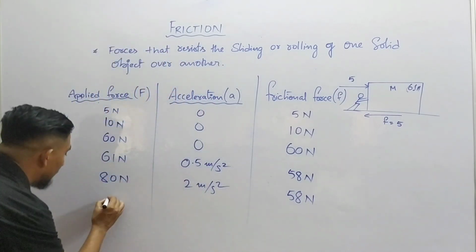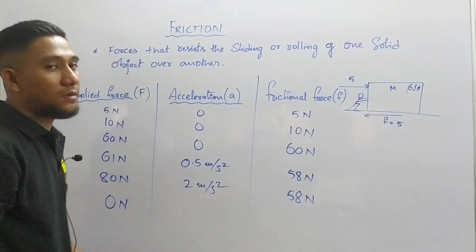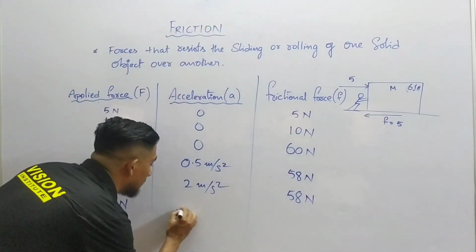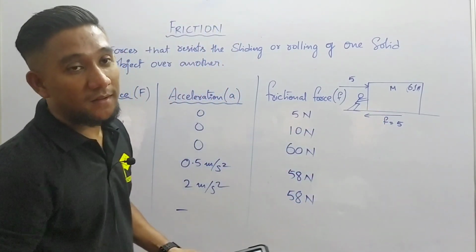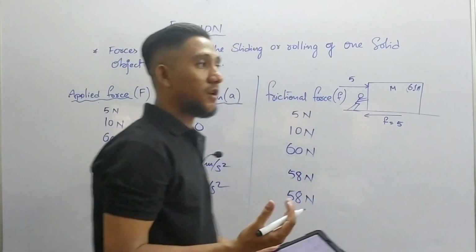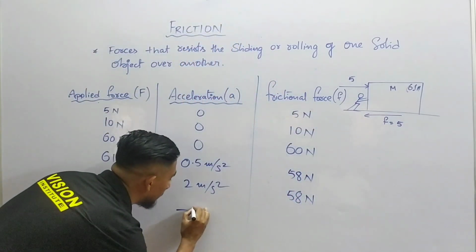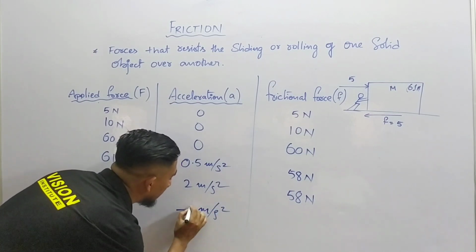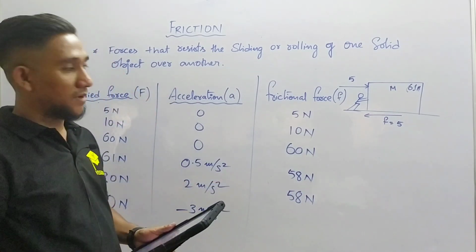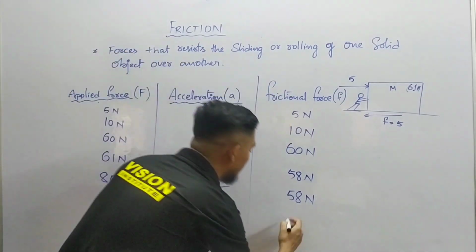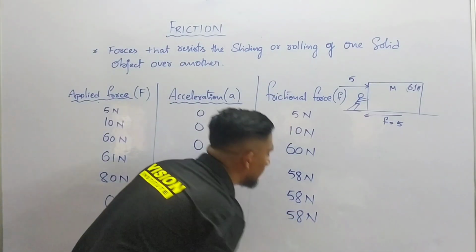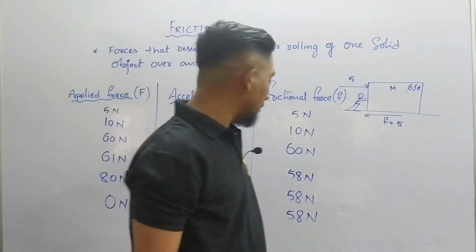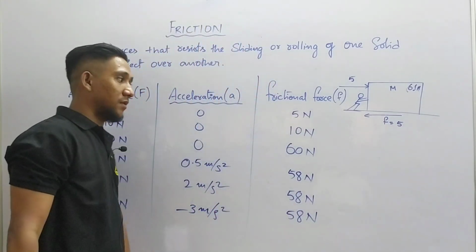And now when this person stops applying force on this block, the block has now started to slow down, and therefore we would see that there is a negative acceleration of, let's say, 3 meter per second square. But still here the frictional force applied by the ground would be 58 Newton.